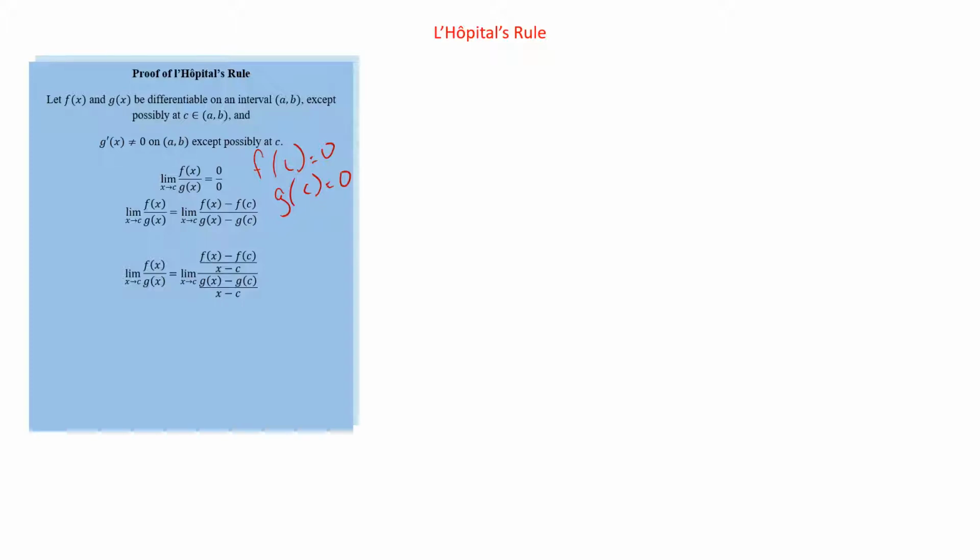That's a derivative. Specifically, remember we have that extra definition of a derivative that says the limit as x goes to c of f of x minus f of c over x minus c equals the derivative specifically at c.